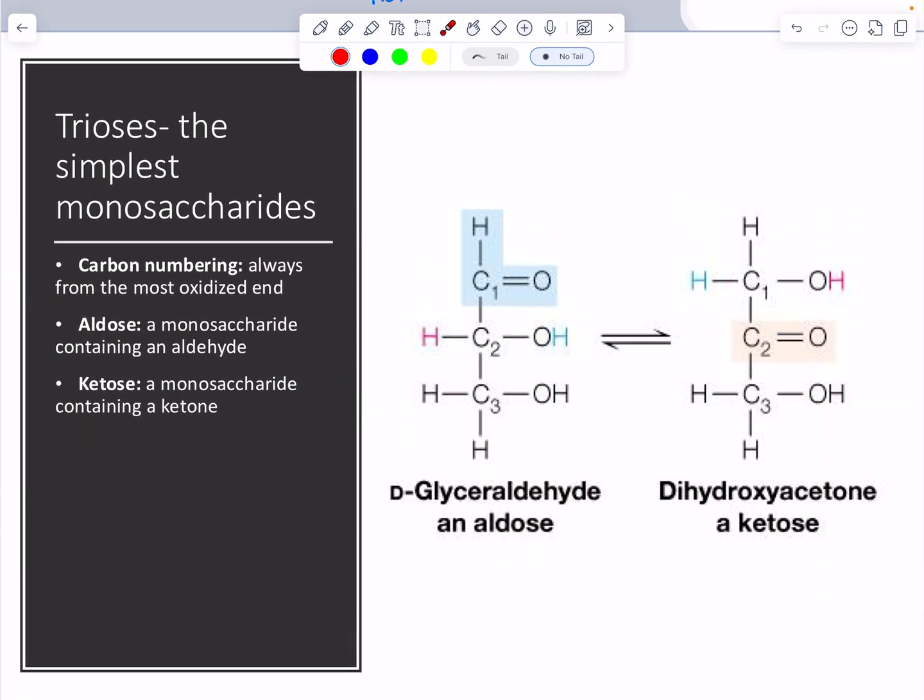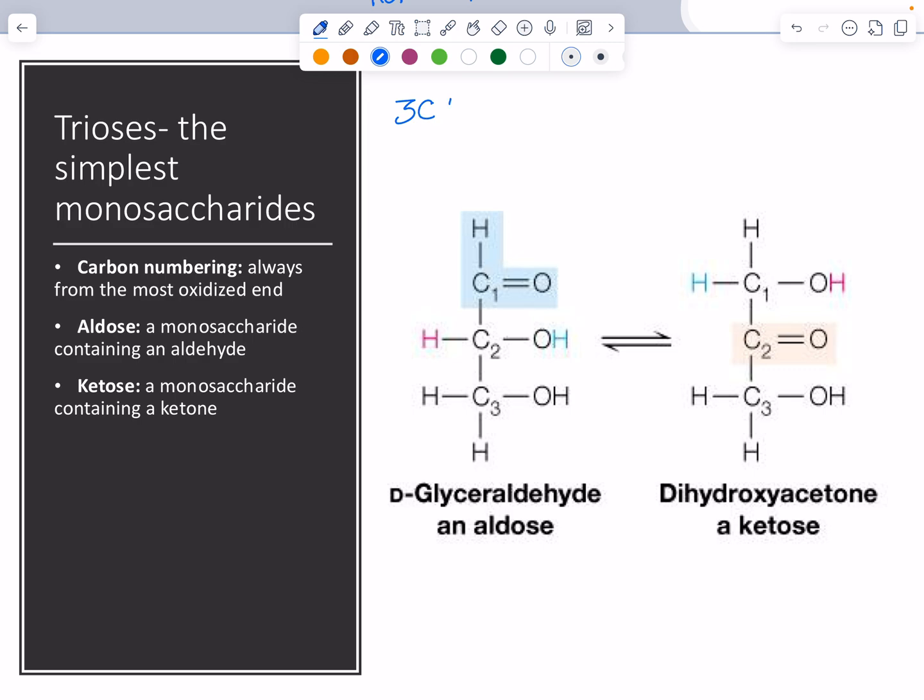Trioses are the smallest monosaccharides. They have 3 carbons. When we write carbohydrate structures for simple sugars in the straight chain or linear form, we number our carbons from the most oxidized end.